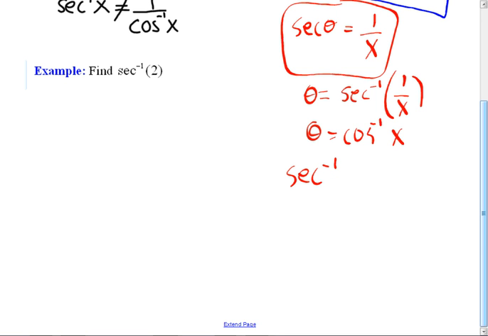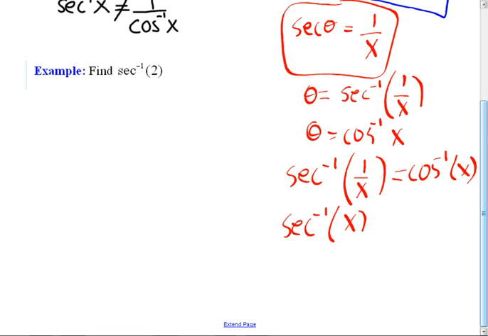It's not in the secant and the cosine, it's in the fraction. Kind of weird, isn't it? If I have inverse secant of x, then that's inverse cosine of 1 over x. Yeah, it's not what I would have expected either.